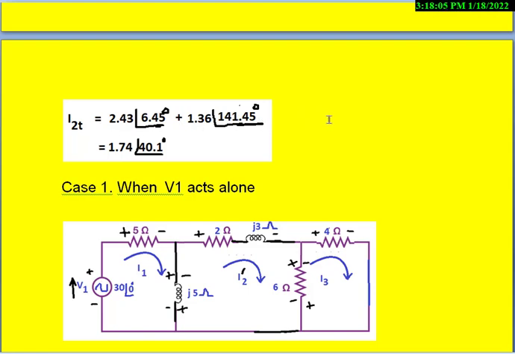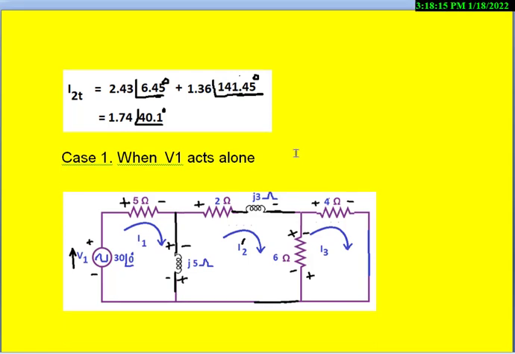But the given problem is, we have to solve this problem by using the superposition theorem. To apply the superposition theorem, we have to use one source at a time and then find out the current flowing to the desired branch. Case 1 is when V1 acts alone.